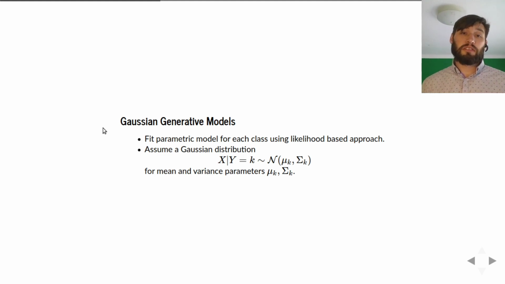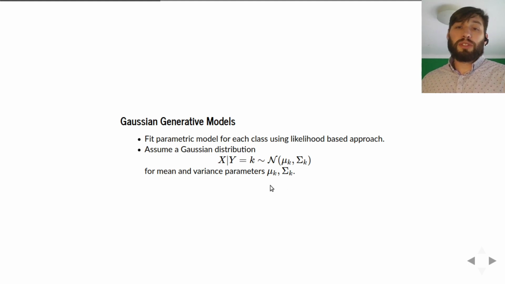For example, linear regression has very fast predict. And so this also can have very fast predict methods. Okay, so in Gaussian generative models, the basic idea is we're still going to model x given y. So we're going to separate the data into its different classes, but then we're going to fit a Gaussian distribution to each of the classes.